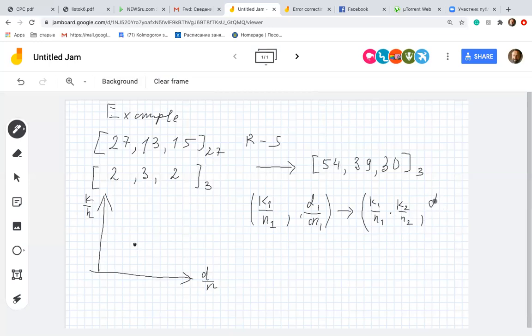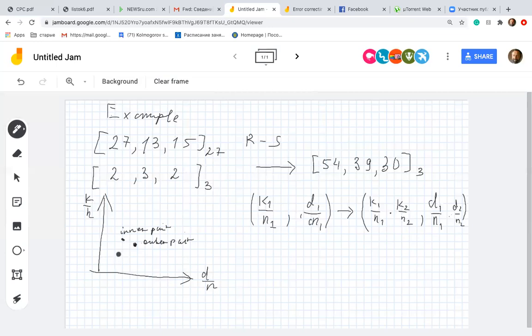And the same happens with the relative distance. It is also multiplied by d2 over n2. So we have some outer pair, some inner pair, and from that we obtain a pair which is below both pairs.